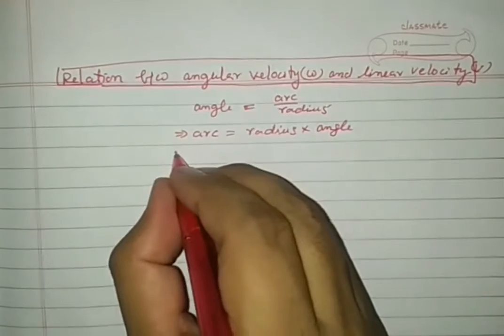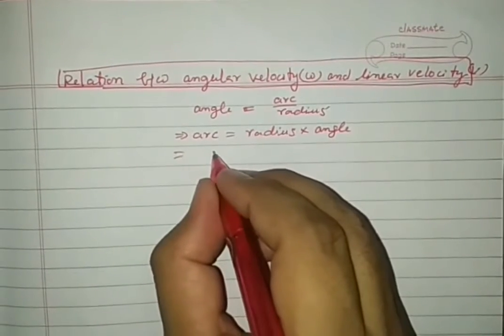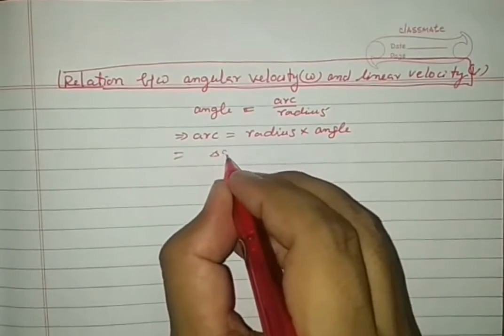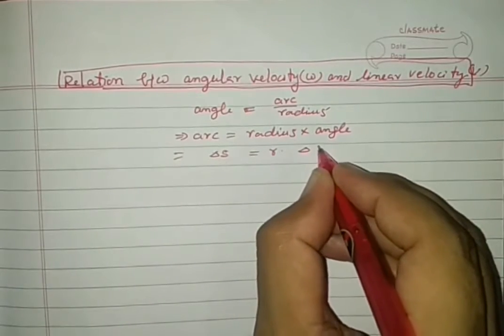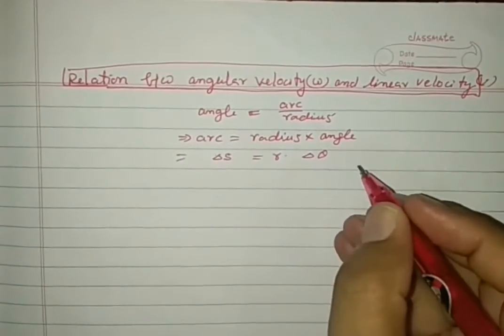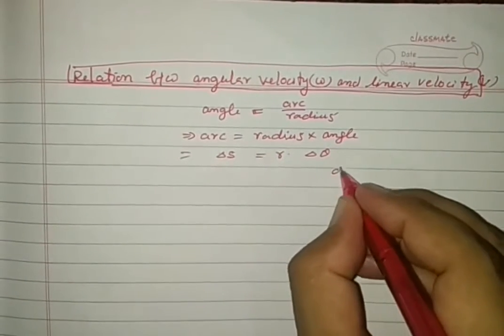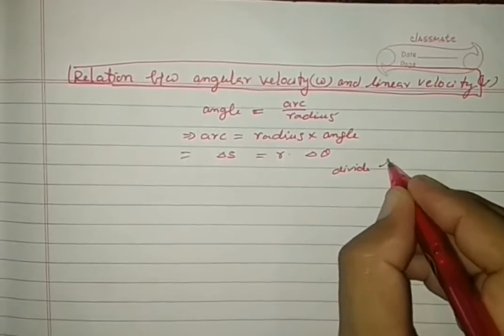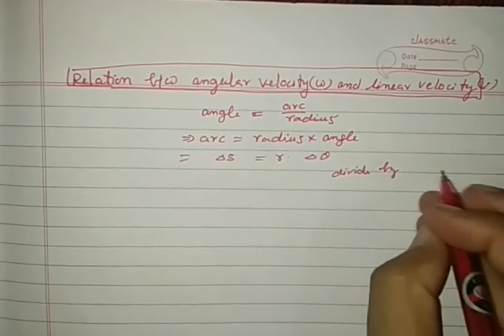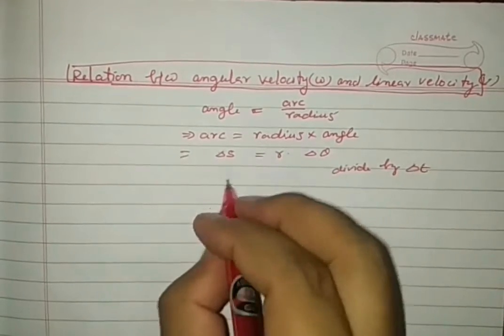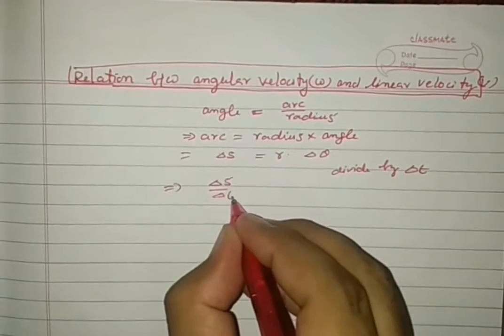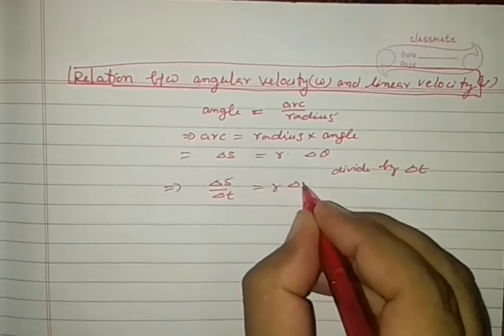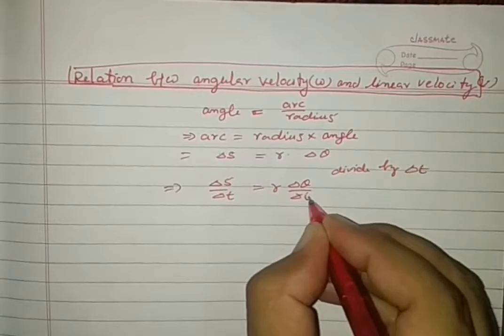Now, under this reference, the arc is delta s is equal to r, and the angle is delta theta. We divide by delta t. Then delta s by delta t is equal to r delta theta by delta t.